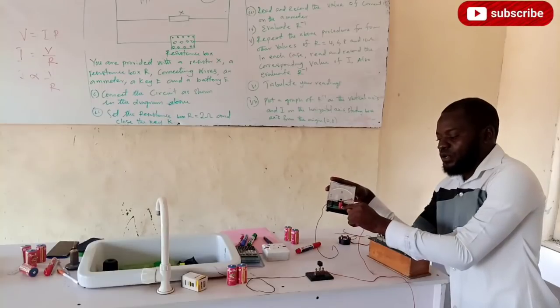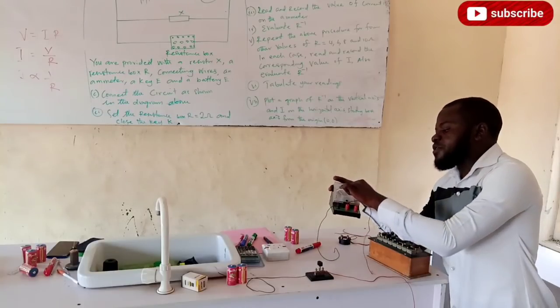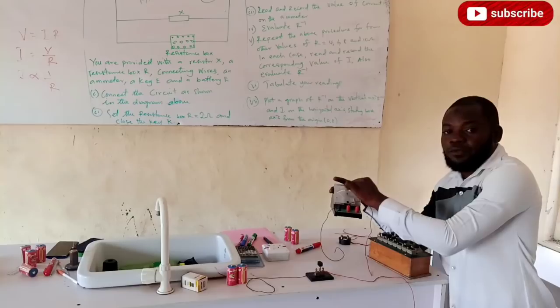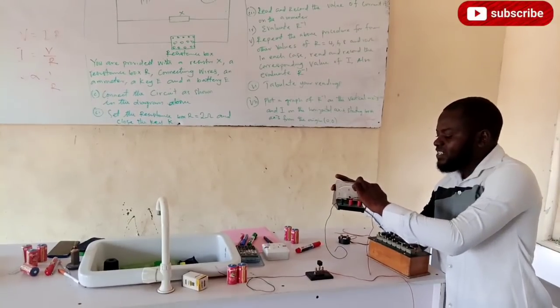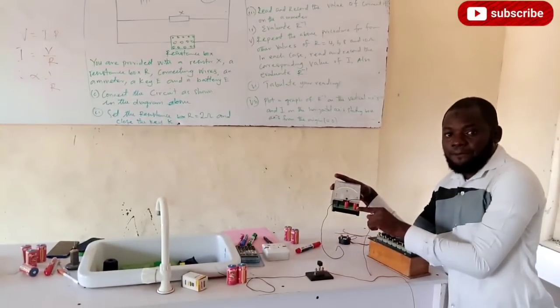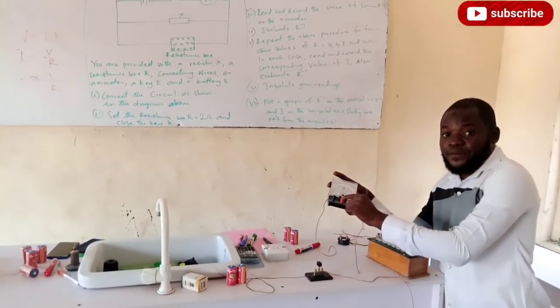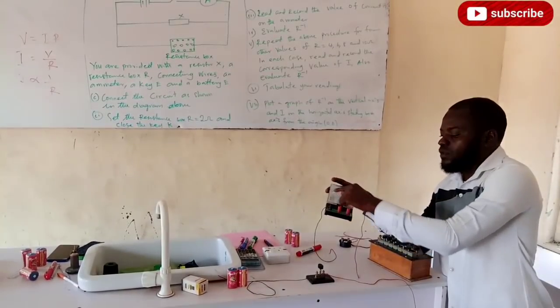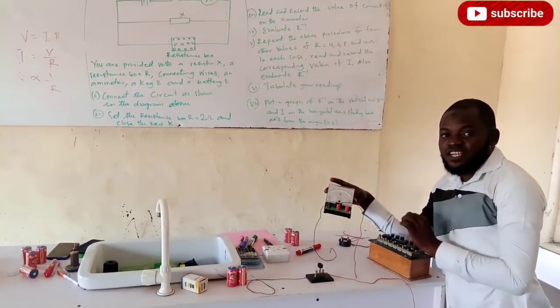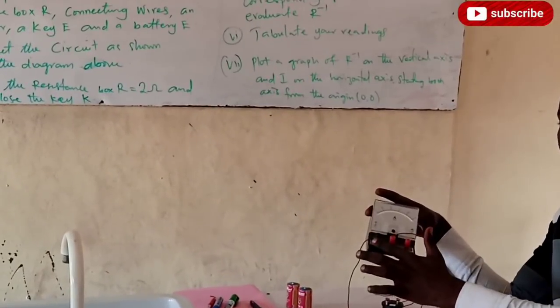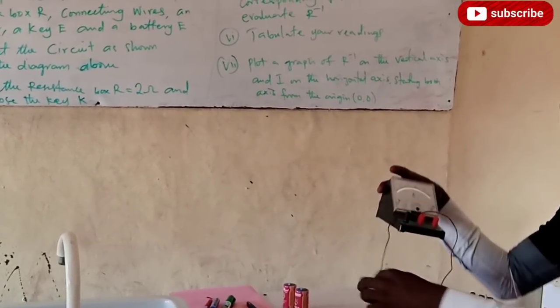So that's why you see it connected to this. We have 2 readings on it. The one below is for the 5 ampere, and the one above is for the 3 ampere. So when we are taking our reading, we consider the above reading, since we want it to read within 0 and 3 ampere. Cool.